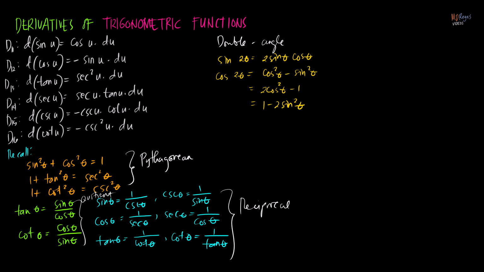So there are many more trigonometric identities, but these are the most commonly used identities. So we can use these to simplify our final answers or the function given. So familiarize yourselves with the derivatives of trigonometric functions and these identities.